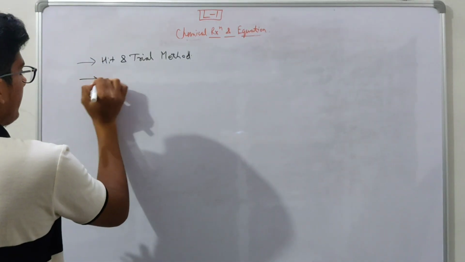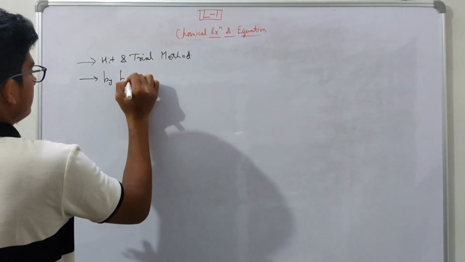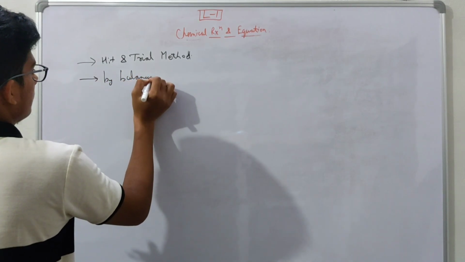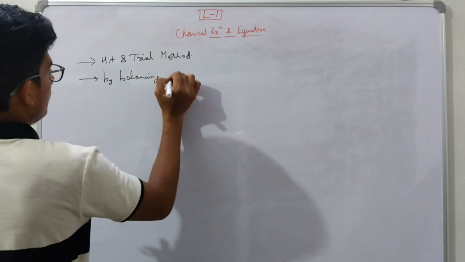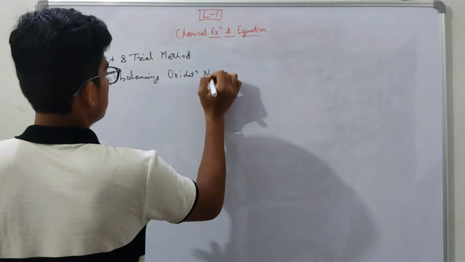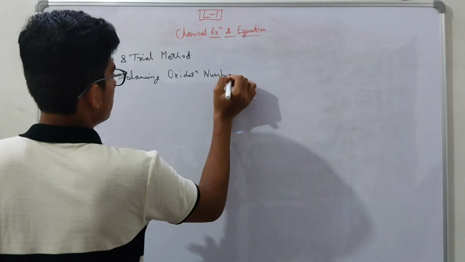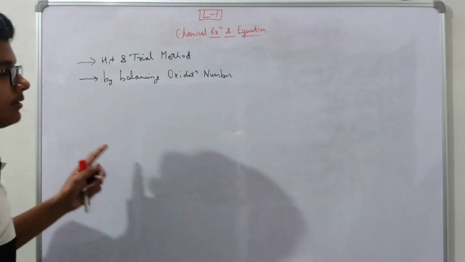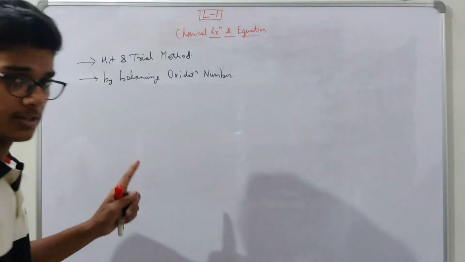So there are also shortcut methods for balancing by oxidation number, which we will study in the next few lectures, not in this lecture.